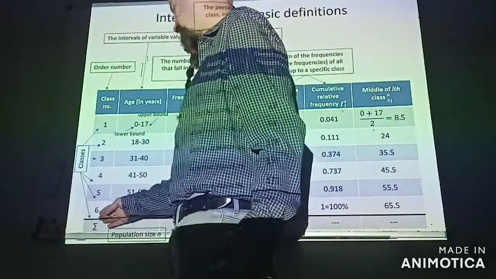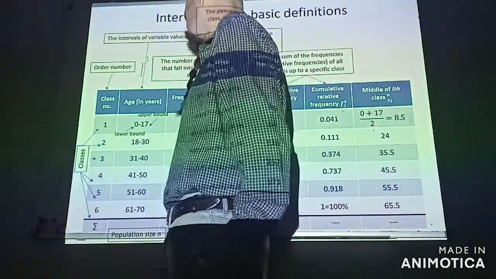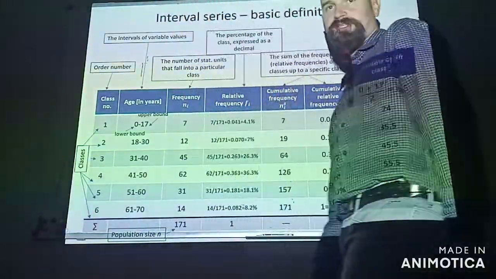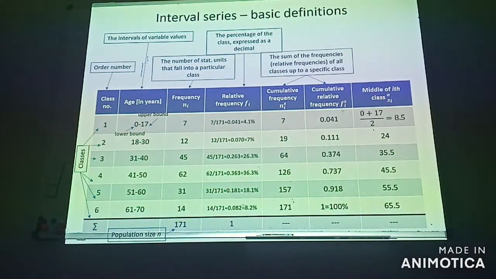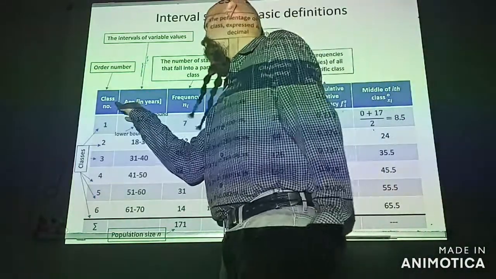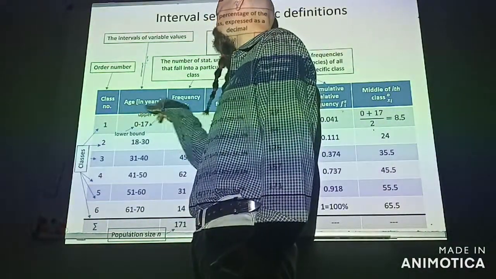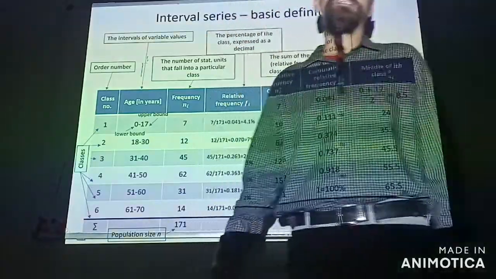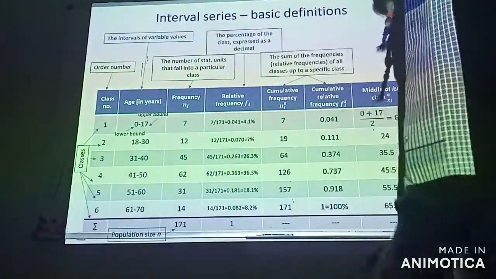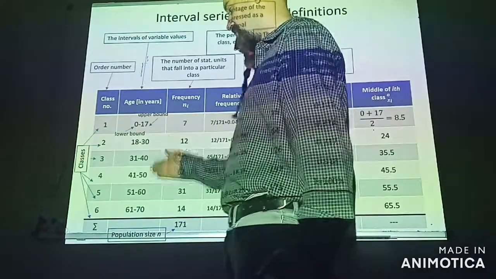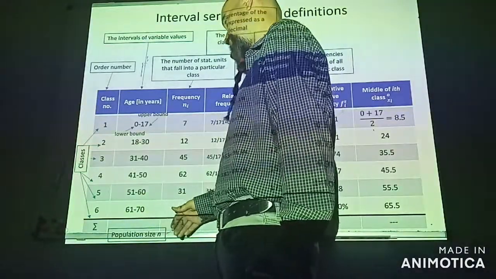As you can see, we have 6 classes, 6 intervals. Of what? Our considered variable is age, which is expressed in years. We have 6 intervals of age.